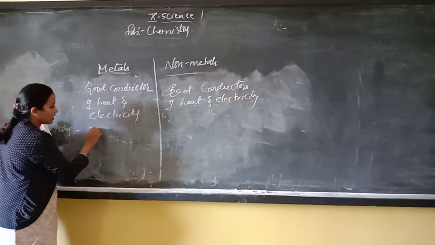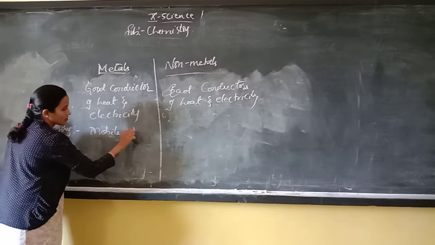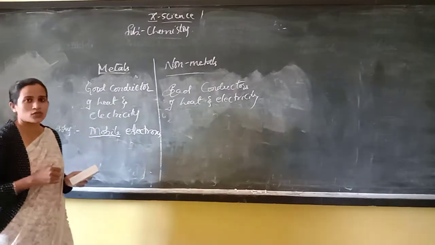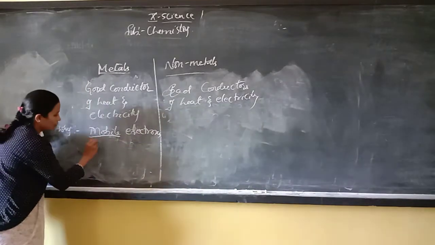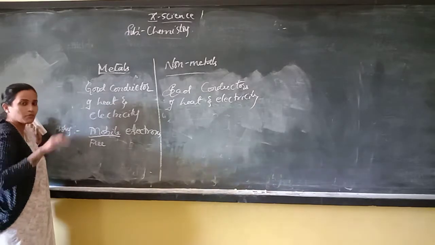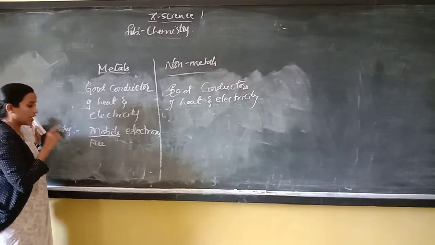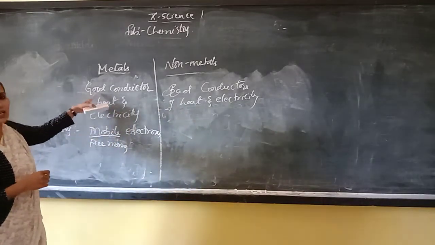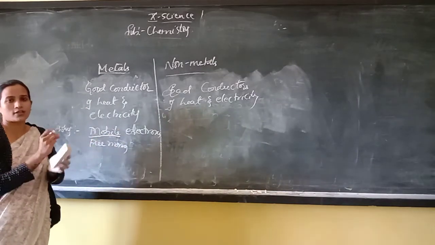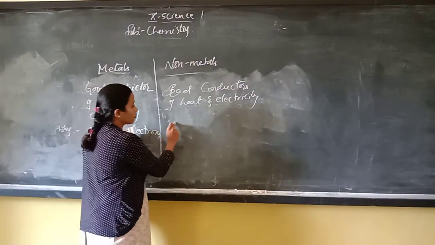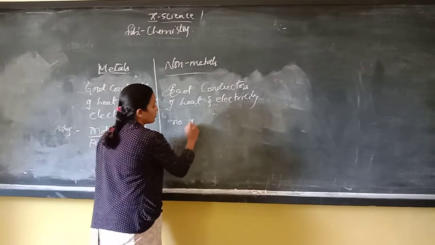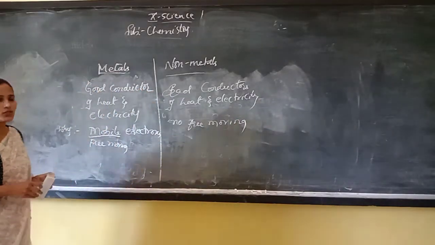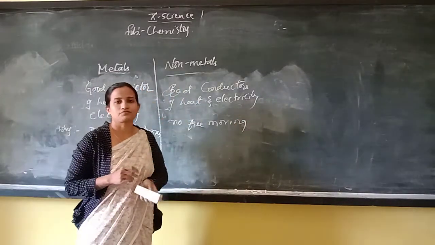Because they have mobile electrons. Mobile does not mean the gadget which we use; it means free movement of electrons takes place in that element. If there is free movement of electrons, they can conduct electricity. But in the case of non-metals, there is no free moving of electrons, no mobility. Understood, children? So they do not conduct electricity.